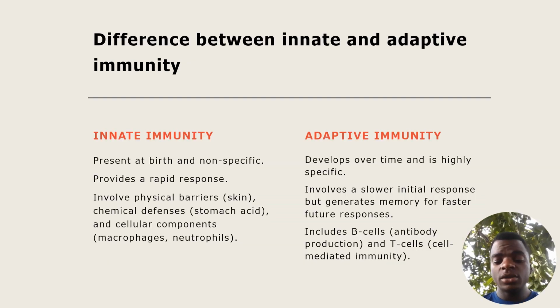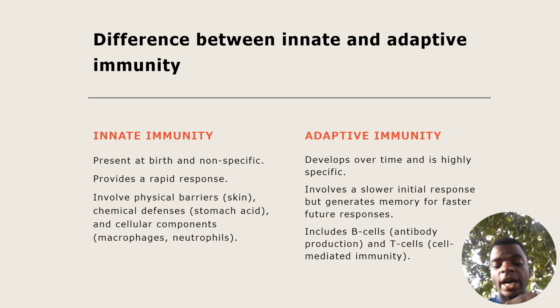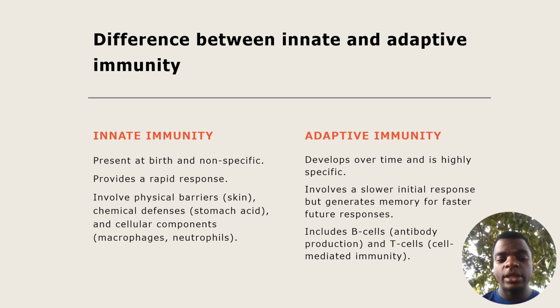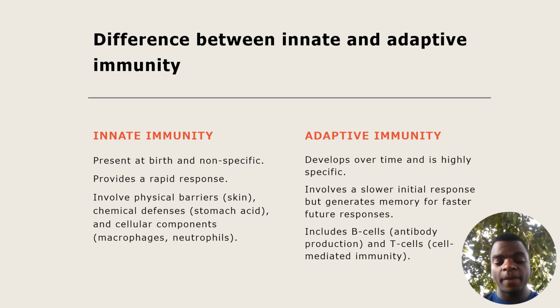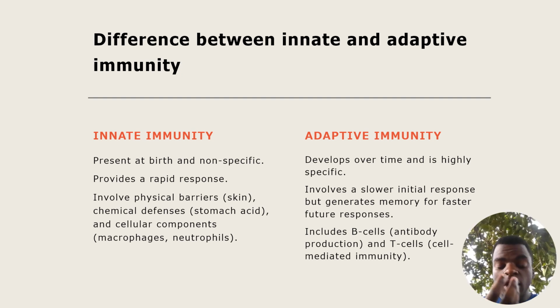The second question is the difference between innate and adaptive immunity. Let's first look at the innate immunity. Innate immunity is present at birth and is non-specific. It provides a rapid response.